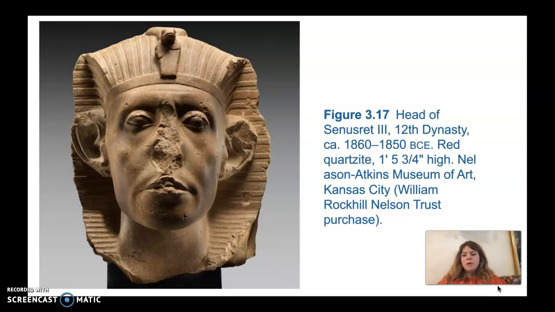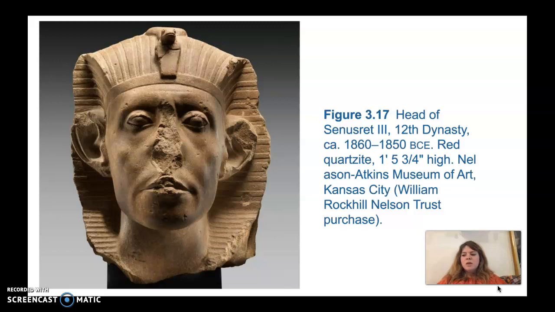Typically, it's a very generic face, unlined, perfect, youthful. But you can see that he has lines in his forehead, some sagging flesh, signs of aging in his face. And he has a pessimistic expression, which dominated the mood in Egypt at the time because of all the civil unrest.